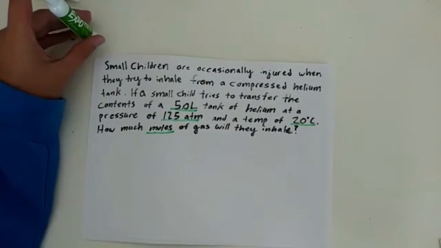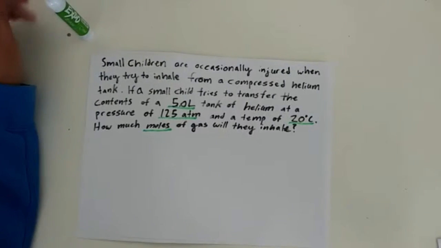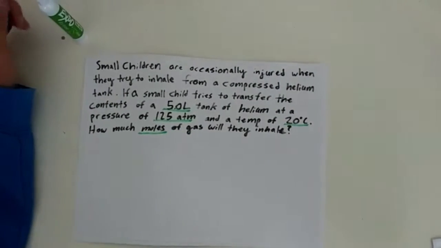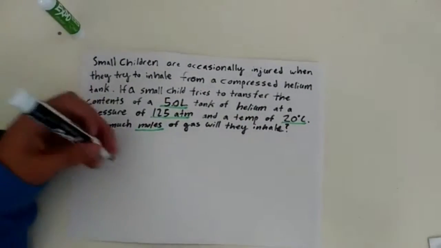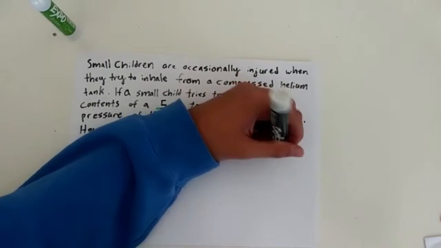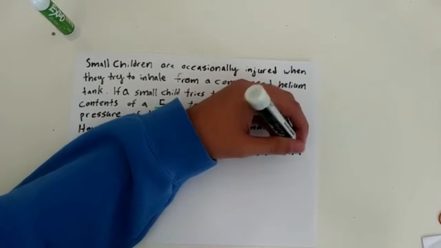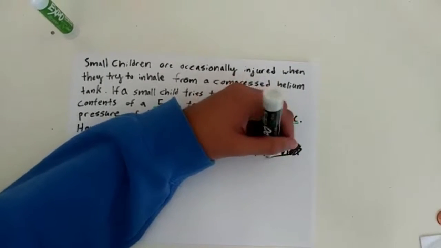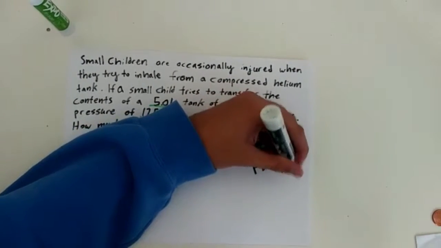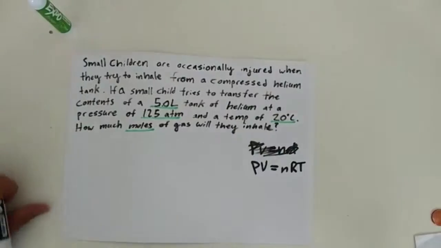So this looks like it's going to be a PV equals nRT problem.